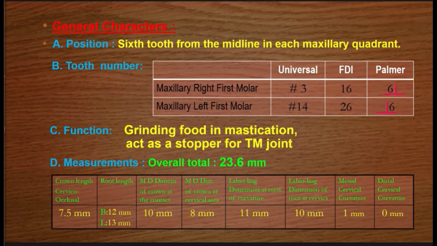In the universal numbering, it is number 3, the maxillary right first molar, on the right side. On the left side, it is 14. FDI 1, 6 and 2, 6. And in the Palmer system, upper left 6, upper right 6 with the bracket. Function, grinding food in mastication.